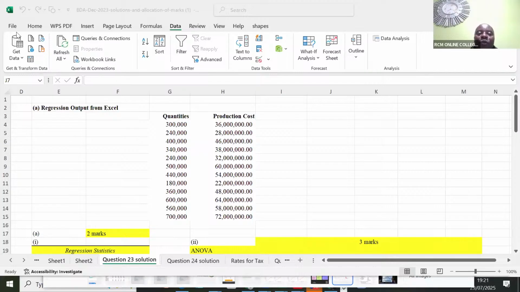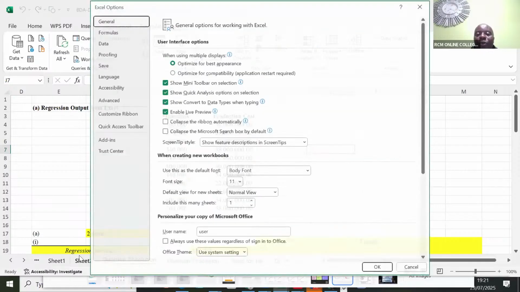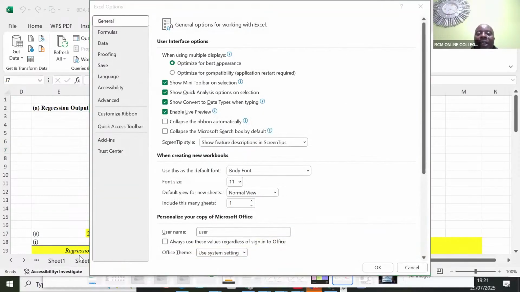No problem. Please go to File. Click File. Then look for options. In my case, I can't see options here, so I need to say More, and then I go to Options. When you are in the Options area, you want to add an add-in because you don't have the data analysis.